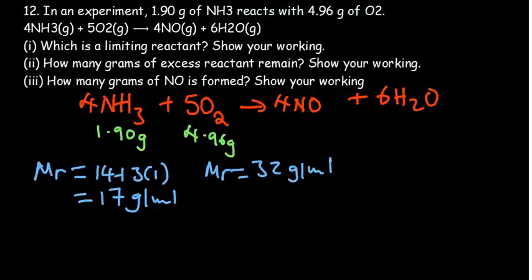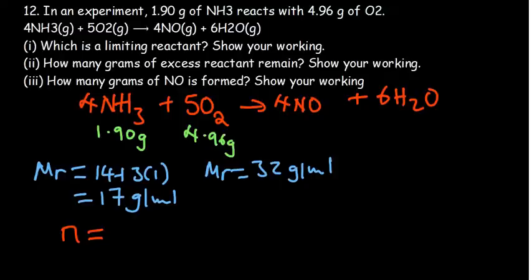Okay, so I want to find the limiting reagent here. We found the molar masses, so first thing we want to do is find the number of moles, by dividing the actual mass by the molar mass.